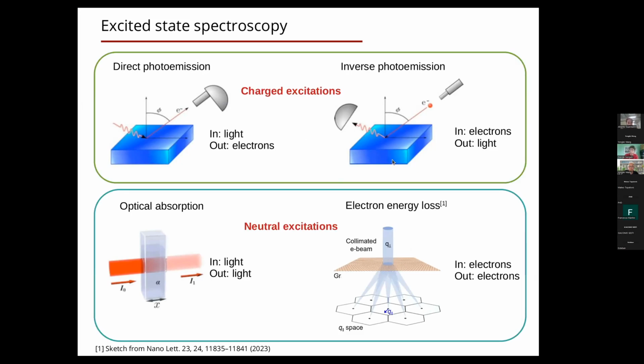So we can split those experiments in two categories. In the first one, we probe charged excitations, because the number of electrons in the system is changed during the measurement, while neutral excitations are for the other kind of experiments where the number of electrons does not change.